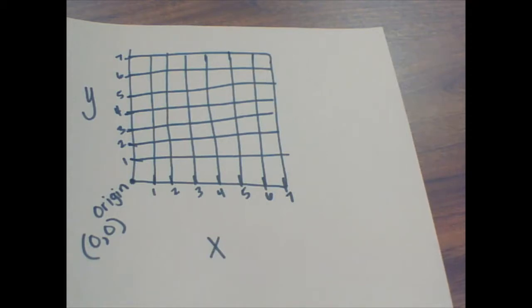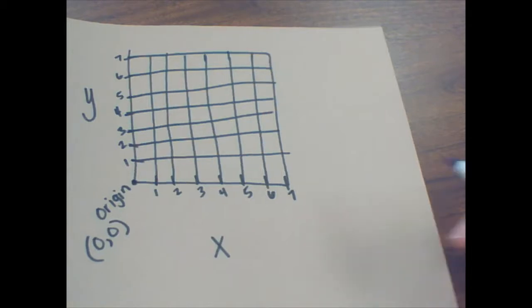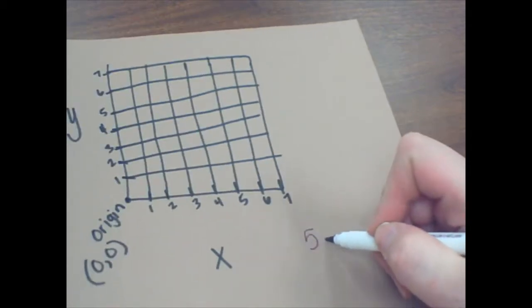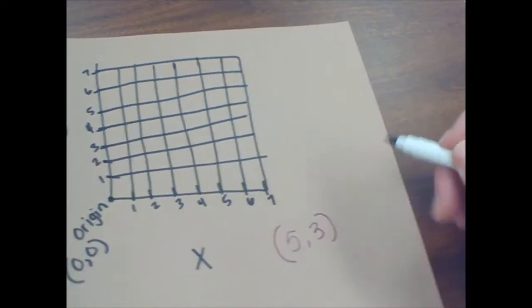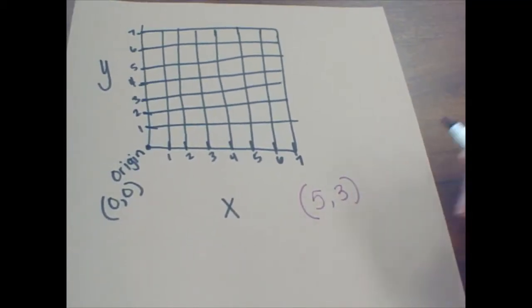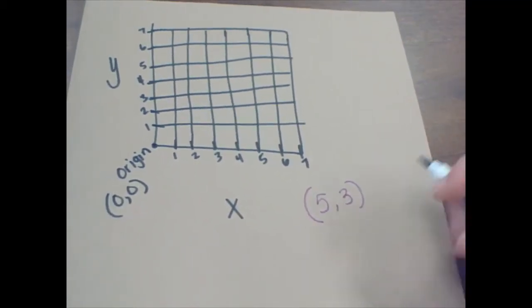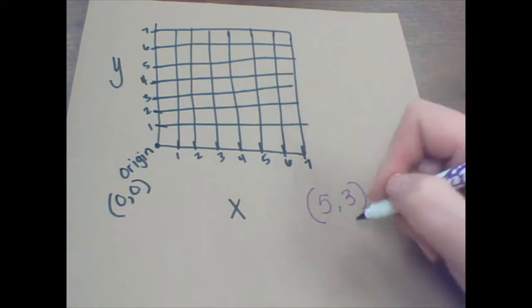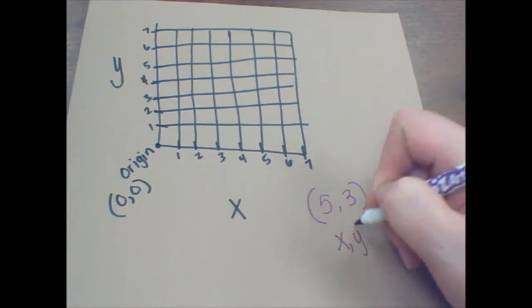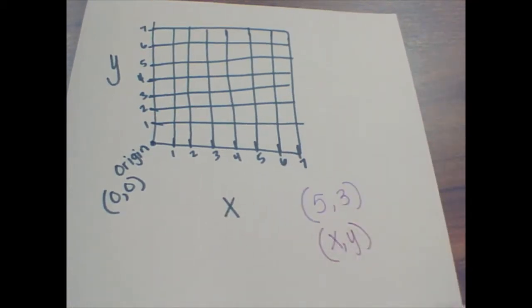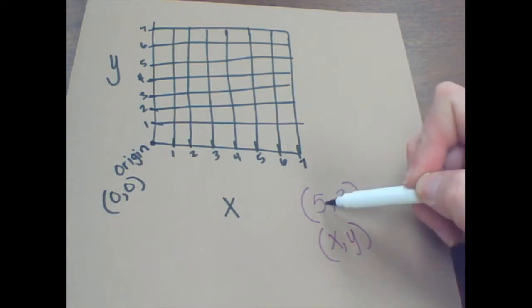Okay, let's say that I wanted to plot the point 5, 3. Remember what I told you in an ordered pair. In an ordered pair, the x is always first. It's always x, y. Okay? And I know that I have to find the x first, which is the 5.